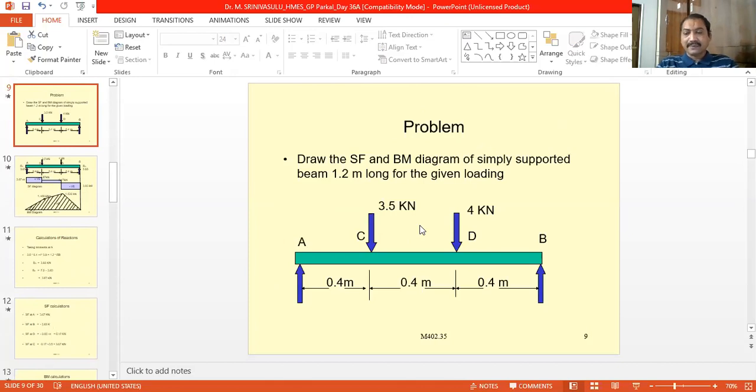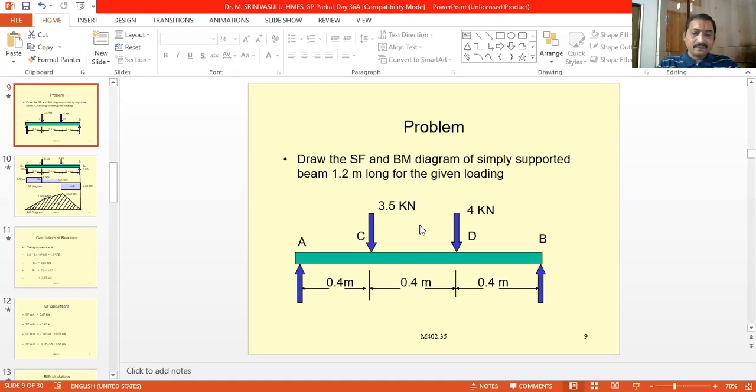Draw the shear force and bending moment diagram of a simply supported beam 1.2 meters long for the given loading as shown in the figure.